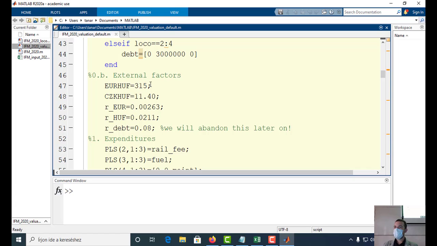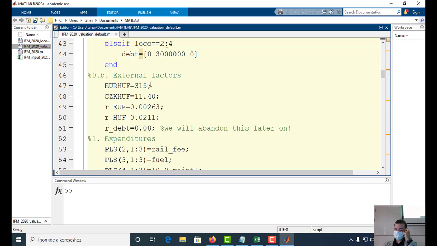So actually we can build up nice scenarios for the company to see how they can react to different exchange rates. So how can the profitability of the company increase if the Hungarian forint depreciates or appreciates.